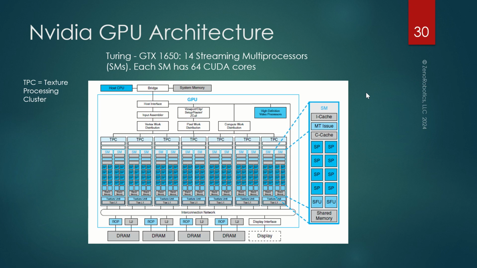So here's kind of a better view of how things map. This is the NVIDIA GPU. This is the Turing, so it's only a few families back. This one has 14 streaming multiprocessors, or 14 blocks. And you can see that each one of these is a TPC, which is a texture processing cluster.